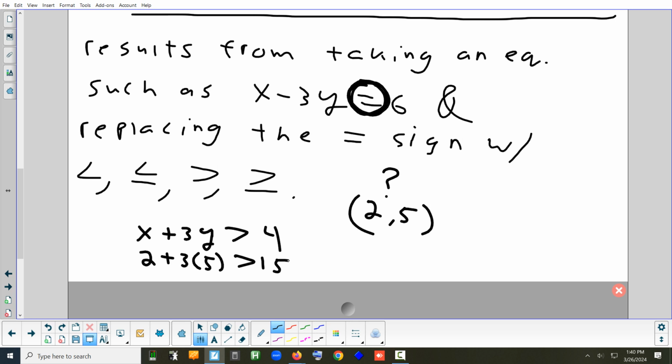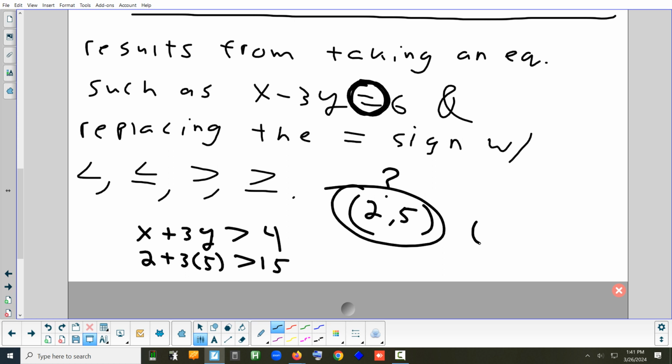What's 15 plus 2? 17. Is 17 greater than 4? Yes. So that means this number is a solution. It works. Now, when we solved equations, that would be the only solution.